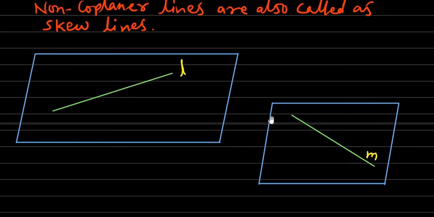Now how to find the angle between these two lines? In such situations, the angle between two non-coplanar, that is non-intersecting, lines is the angle between two intersecting lines drawn from any point parallel to each of the given lines.